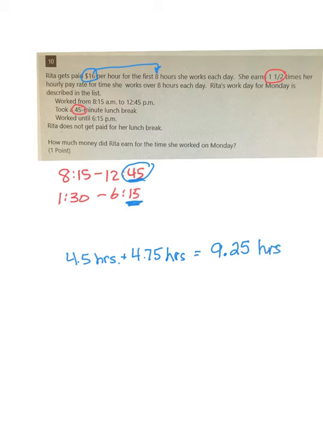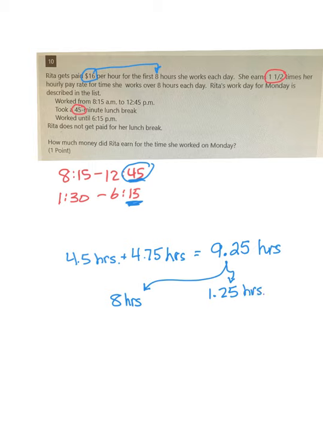Well, she gets paid for the first 8 hours one amount and then the rest of it another amount. So let's take this 9.25 hours and let's take out the first 8 hours, because she gets paid her regular rate there. Well, how much is left? Well, if you take 8 hours away from 9.25 hours, you're left with 1.25 hours.